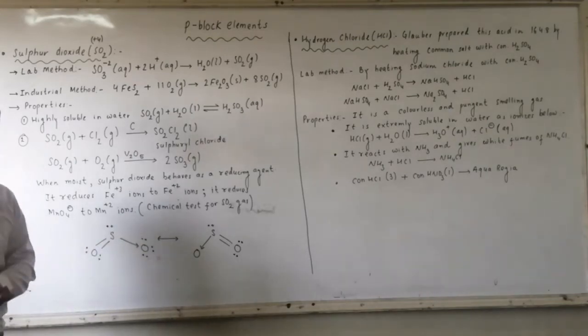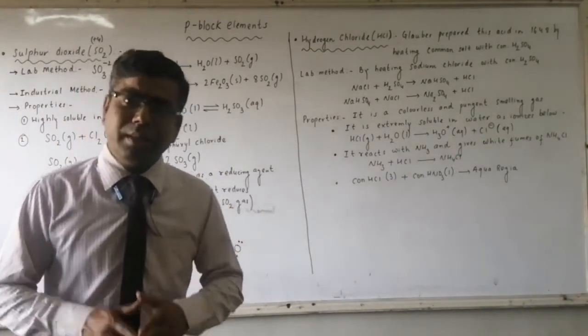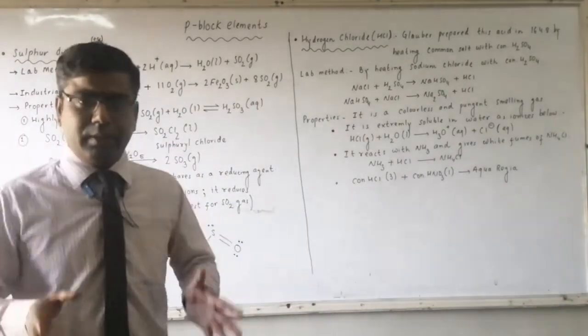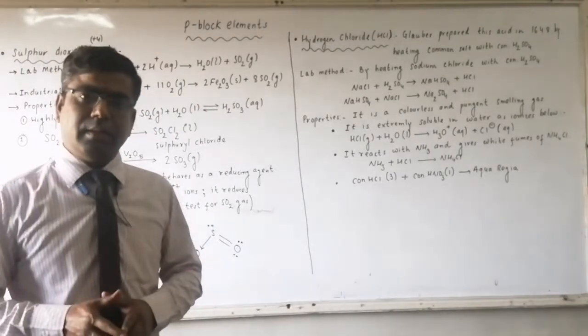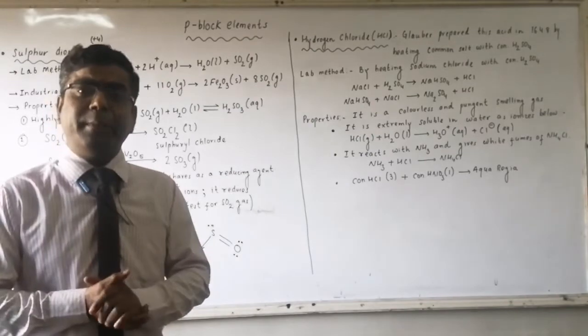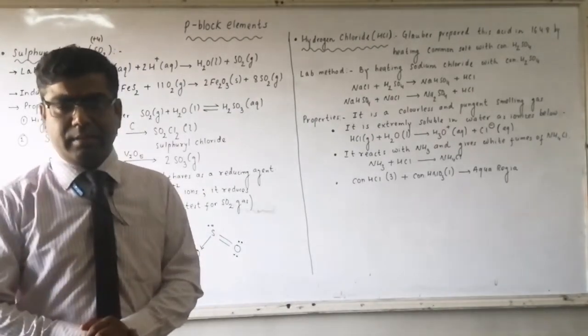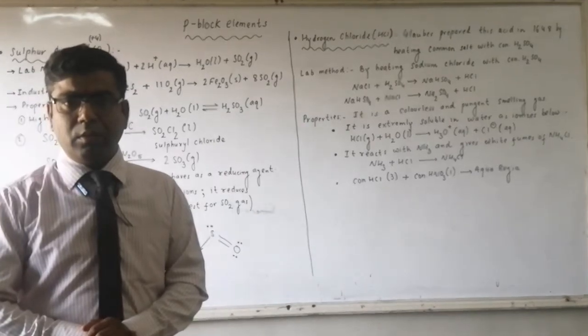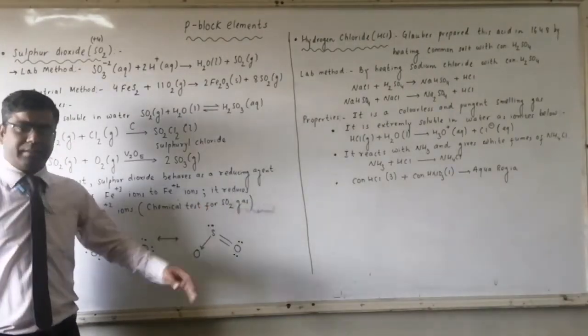So when SO2 gas is passed through acidified potassium permanganate solution, it will lose its color. So if a gas can decolorize acidified potassium permanganate solution, then it is SO2 gas. This redox reaction can be a convenient test for SO2 gas.